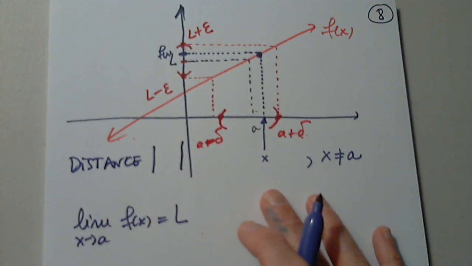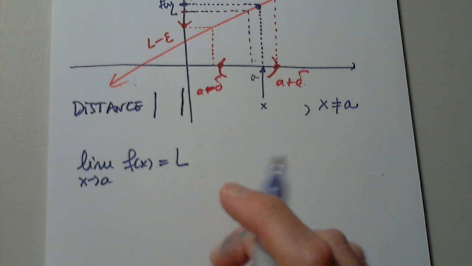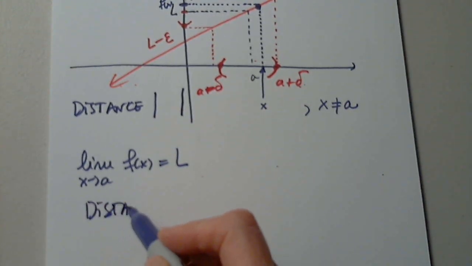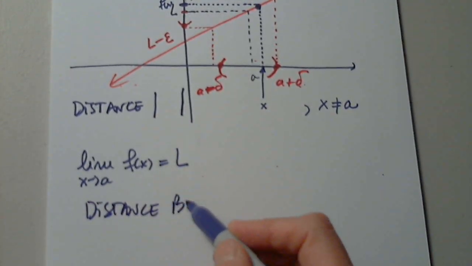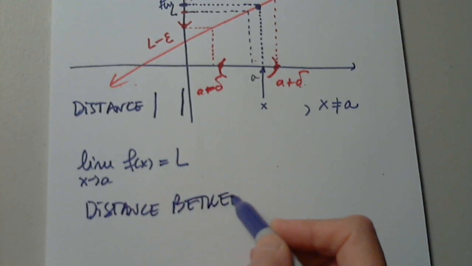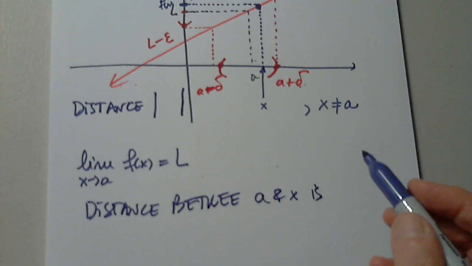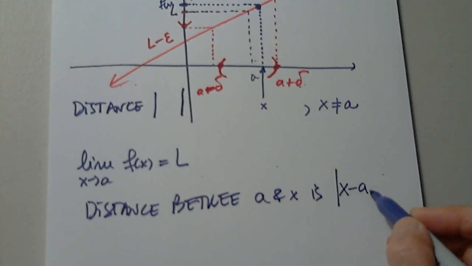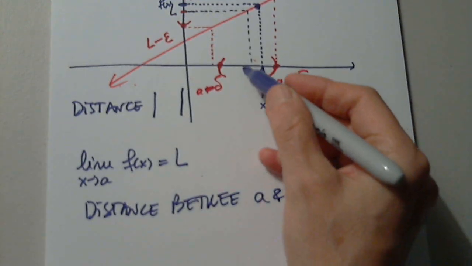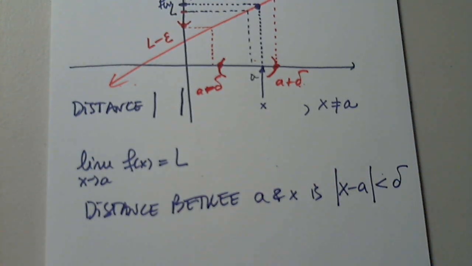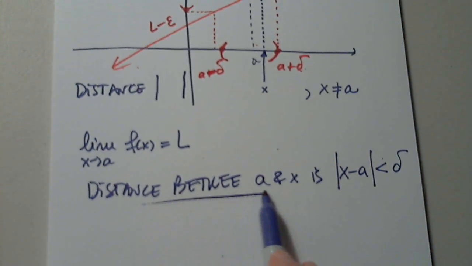So before I write the definition, I want to clarify something. Distance between x and a is written as x minus a in absolute value, less than delta.